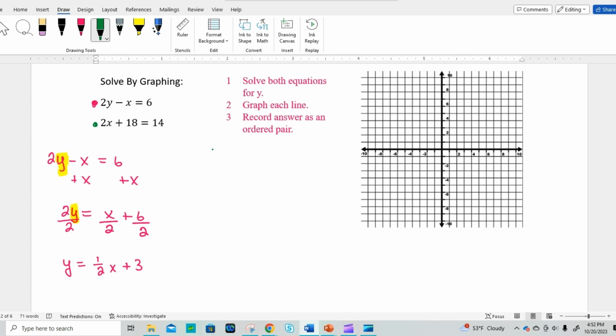And the next one is 2x plus 18 is equal to 14. Oh, okay, this is odd because my directions say solve both equations for y, but this one doesn't have a y in it.